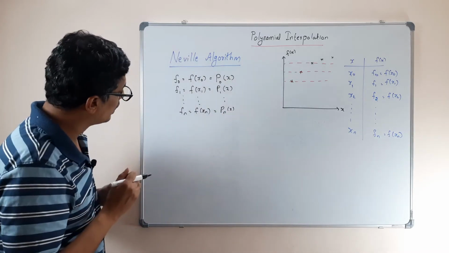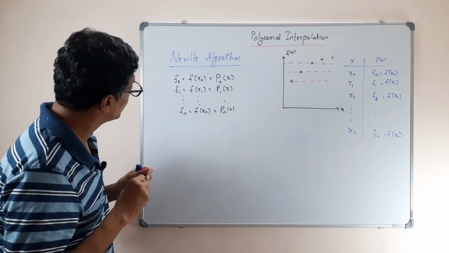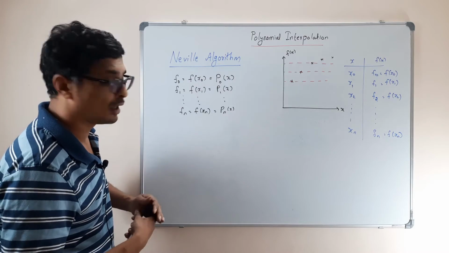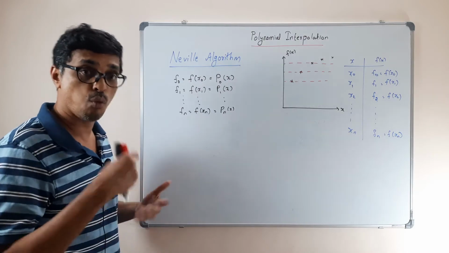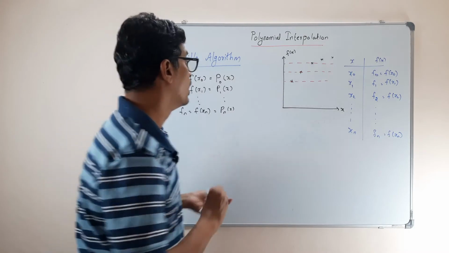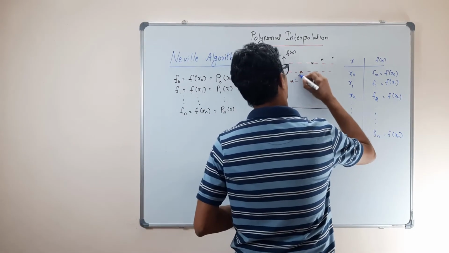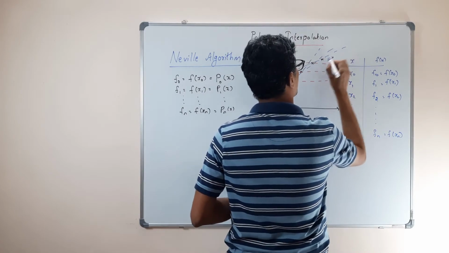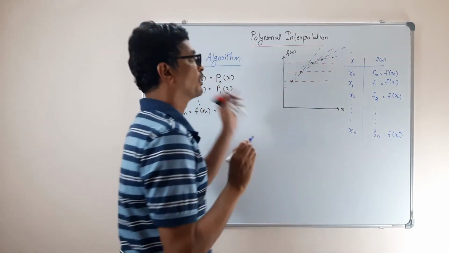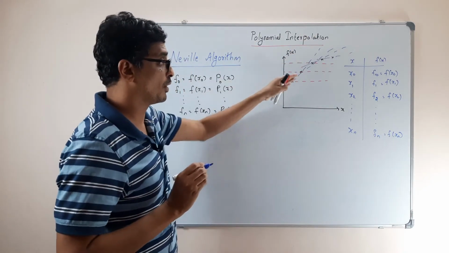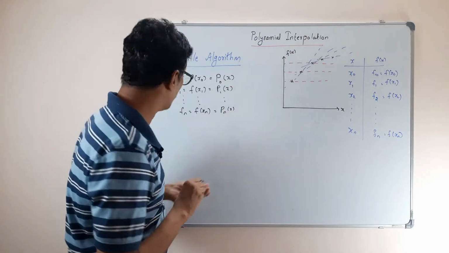Now let me construct a polynomial of degree 1 passing through 2 points. I am going to construct a polynomial which passes through these 2 points, these 2 points, and so on. I'll keep constructing polynomials each passing through 2 points. That will be a polynomial of degree 1, which is nothing but a straight line.